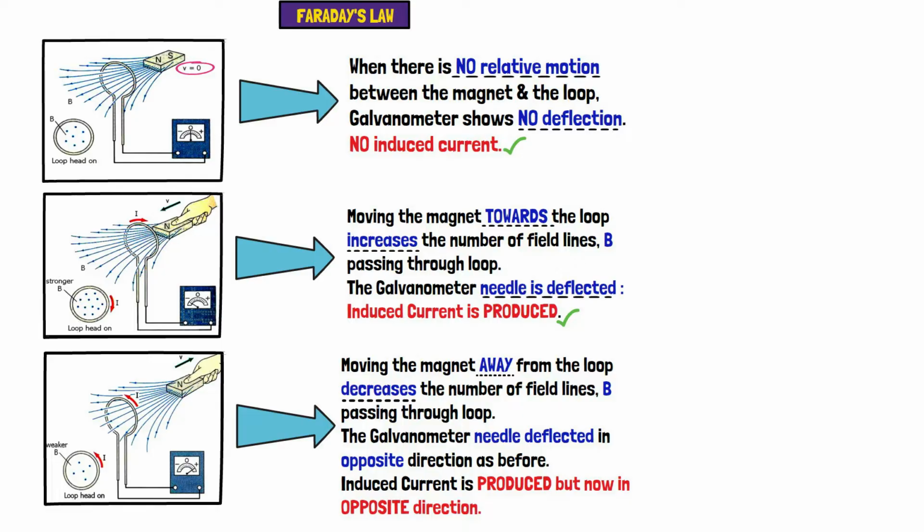So the galvanometer needle deflected in opposite direction as before. Kalau sebelum ni dia ke kiri, sekarang mungkin ke kanan. So what happened? The induced current is produced but now in opposite direction. Ingat kan? Kes yang kedua tadi, direction of the induced current kita adalah in clockwise direction.